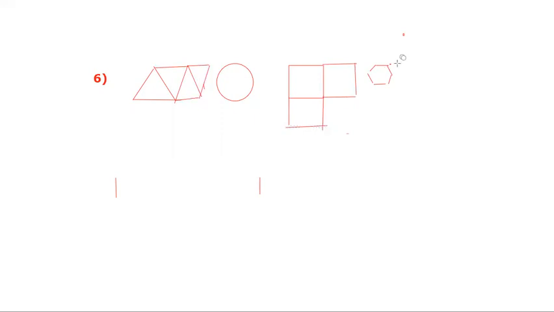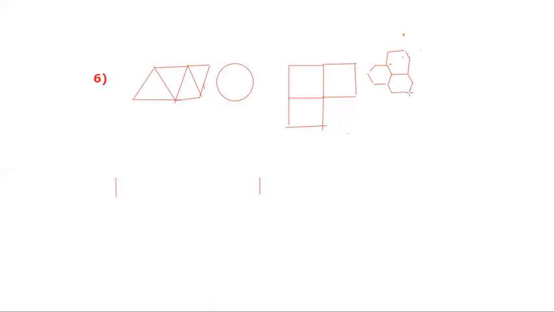In case of this hexagon also, you can draw multiple shapes without leaving any space in between. You can do it throughout this whole paper. There is no problem drawing it.